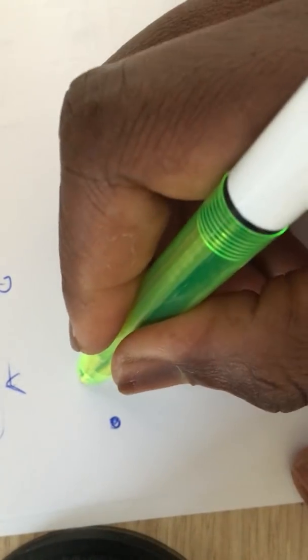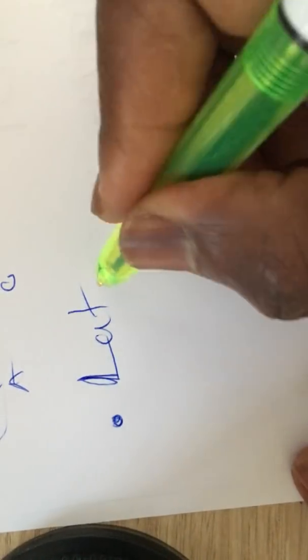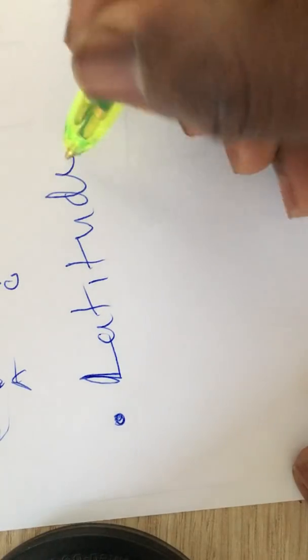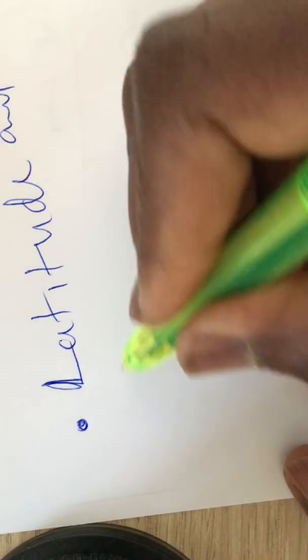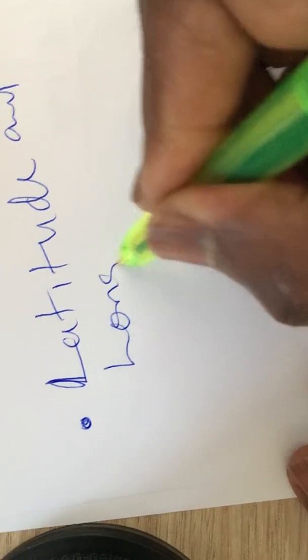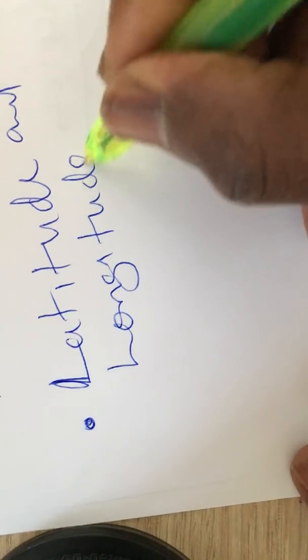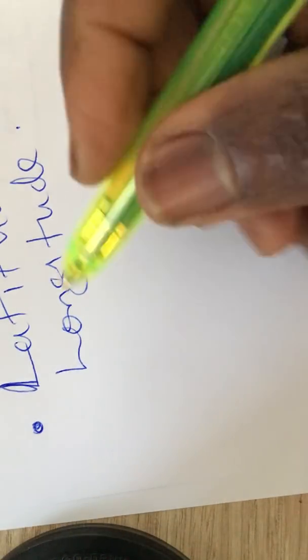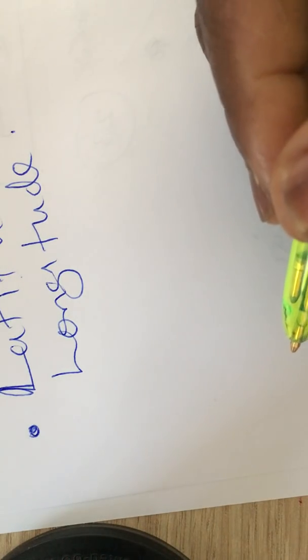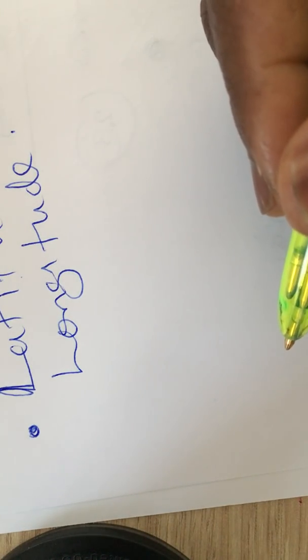Apart from altitude, we have what is called latitude and longitude. I have decided to put these two together because you cannot do one without the other, just like the X and Y coordinate system.